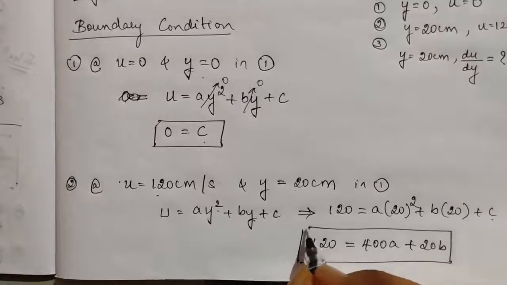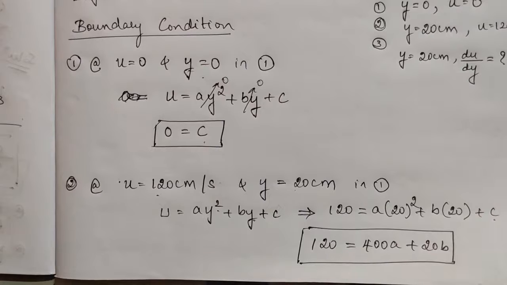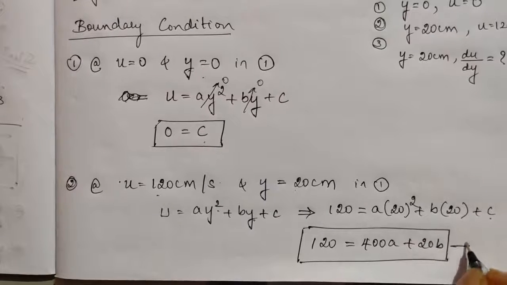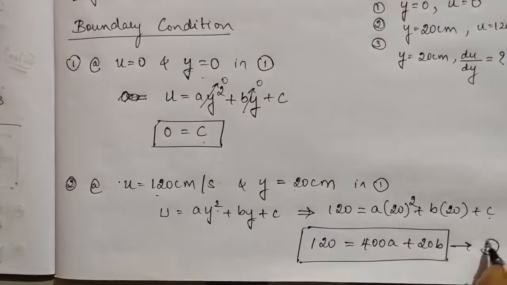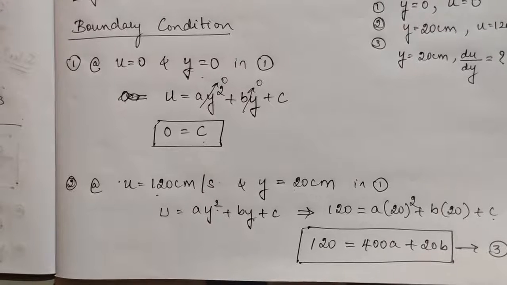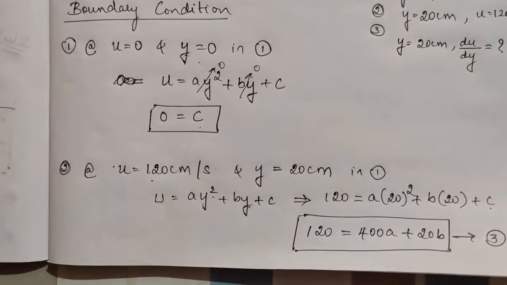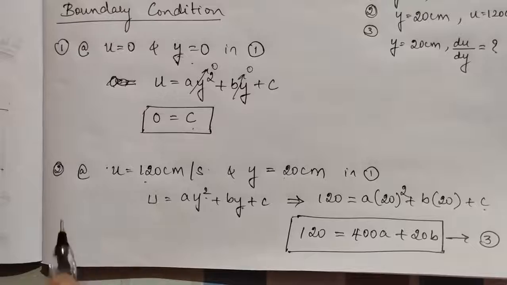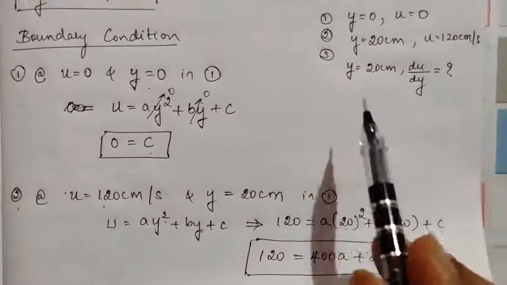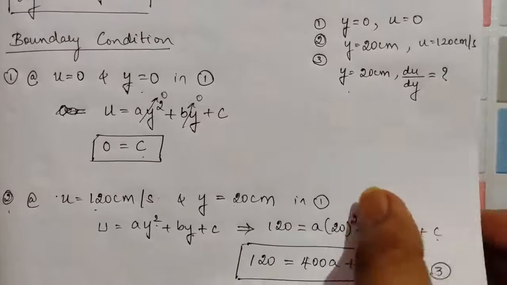So we get another equation when we apply the second boundary condition. So I'll call this equation number 3. Okay, I'll go to the next page. So in the next page, I'll apply the third boundary condition, that is y is equal to 20 centimeter and du by dy is equal to how much?